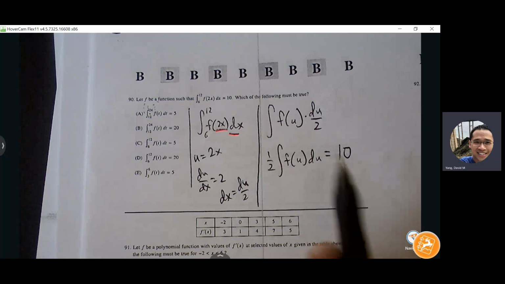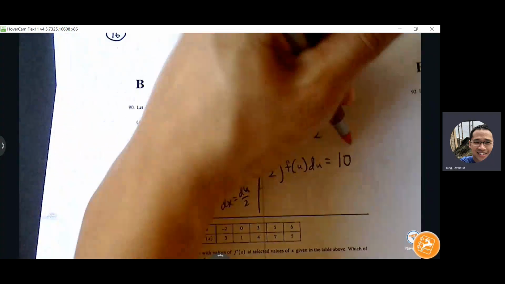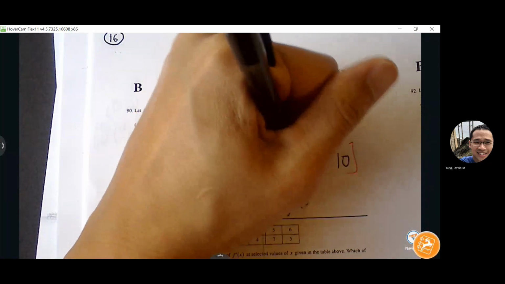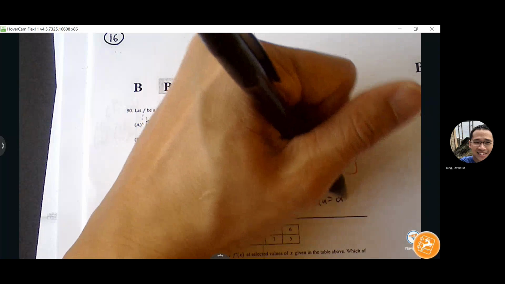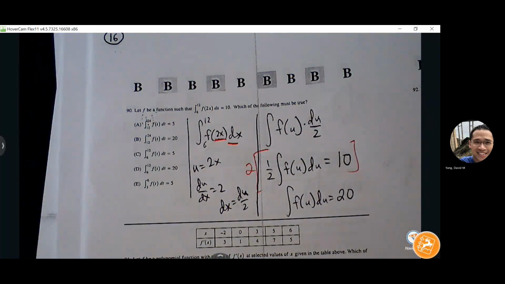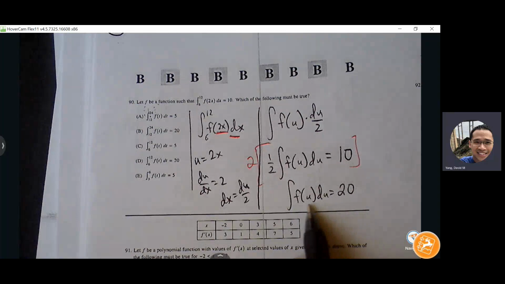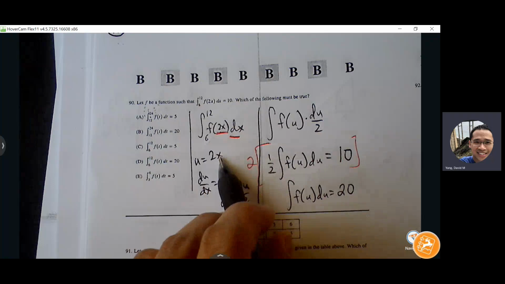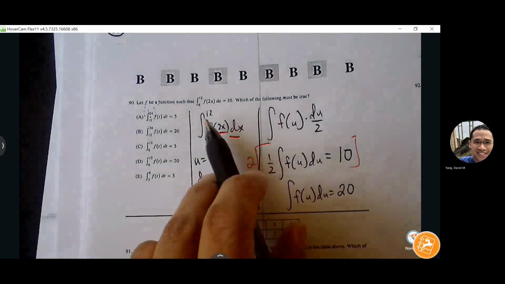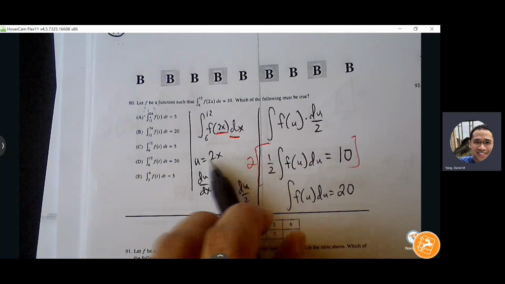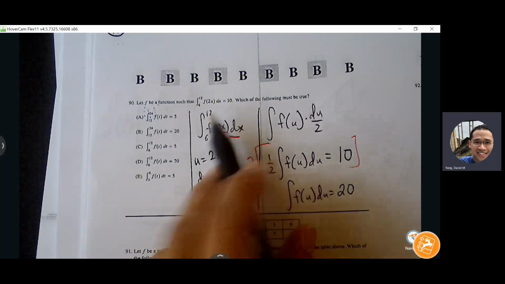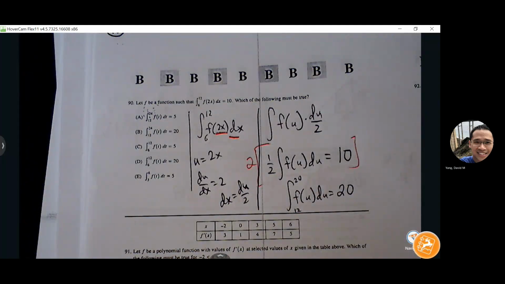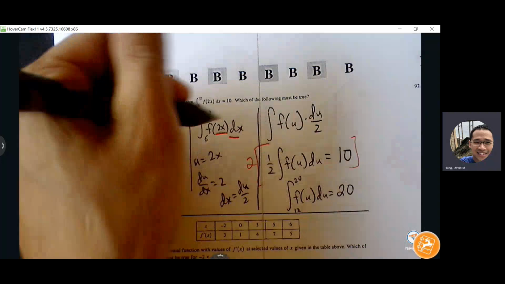Multiply both sides by 2 to get that 1/2 to come over to the other side. Then we also need to adjust the bounds because we've converted this in terms of u. So we plug the 6 in for the x, so we get 12. And we plug the 12 in for the x, converting it all to the same variable. So from 12 to 24.